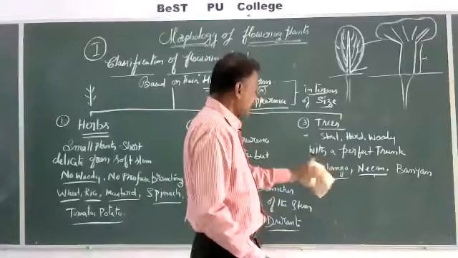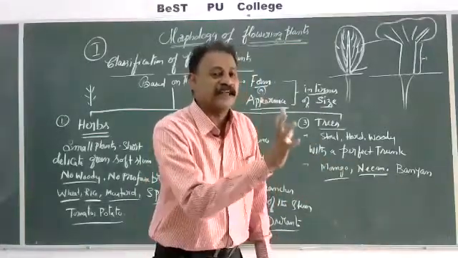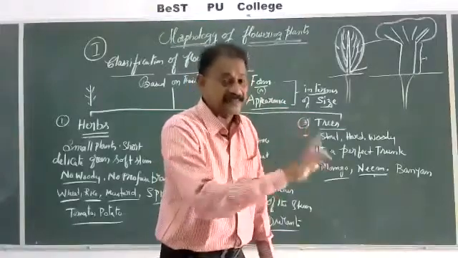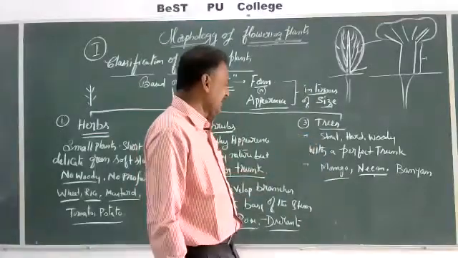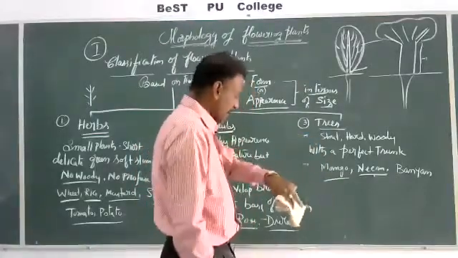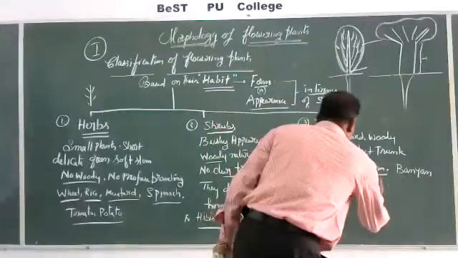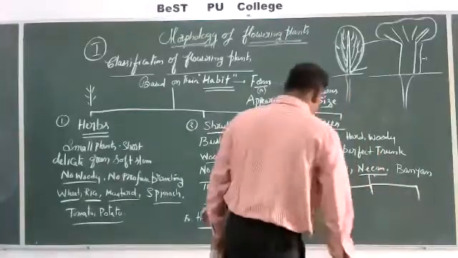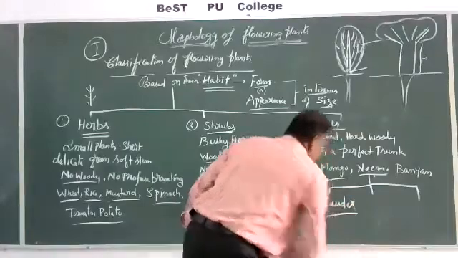Here, trees are again classified based upon the arrangement of leaves and the presence and absence of branches. Classification of trees into three. We will see. Caudex, tomorrow we will explain.